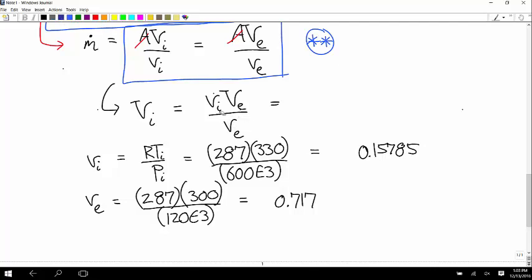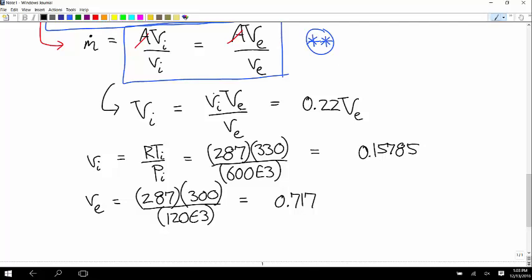Can you tell me what's 0.15785 divided by 0.717? Okay, so 0.22 times the speed at the exit.